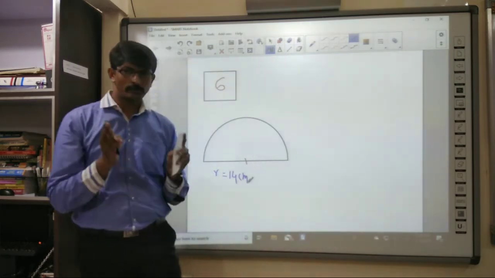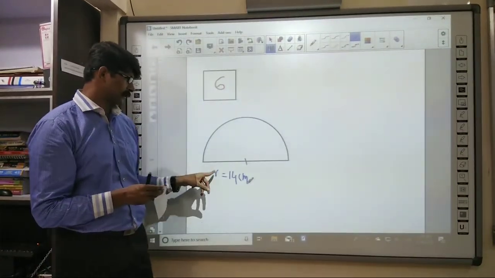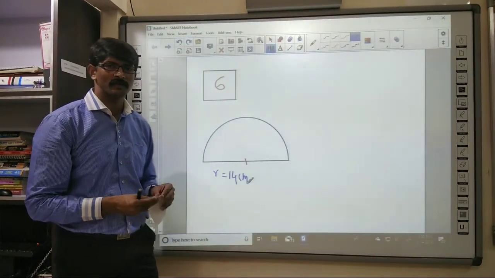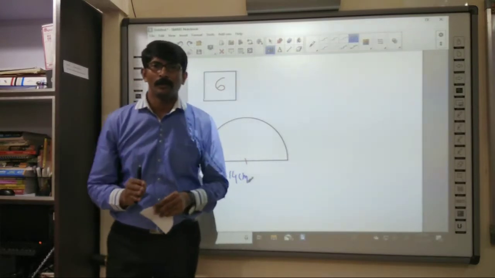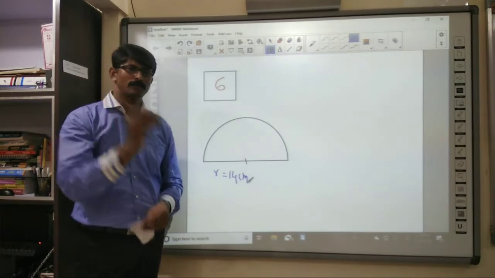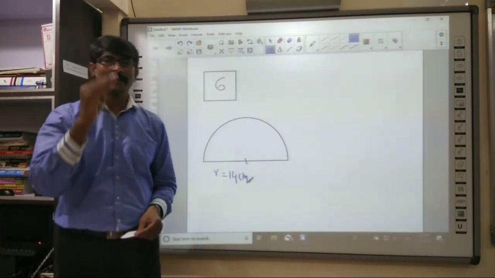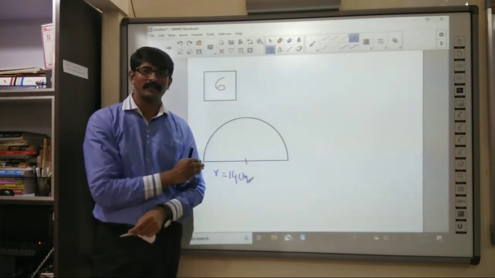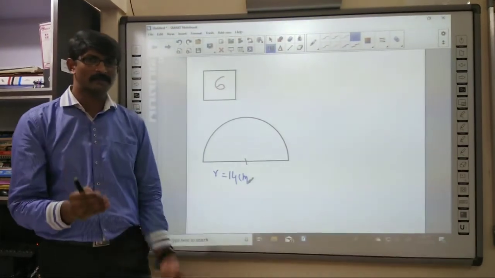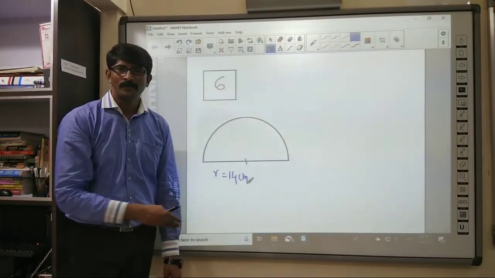Make sure that whenever you are solving this question, you check whether you have been given radius or the diameter. Most of the students just write down over here radius and 14 centimeter, and in your question it says the diameter is 14 centimeter. And in case you won't convert a diameter into the radius, definitely your answer will go wrong.